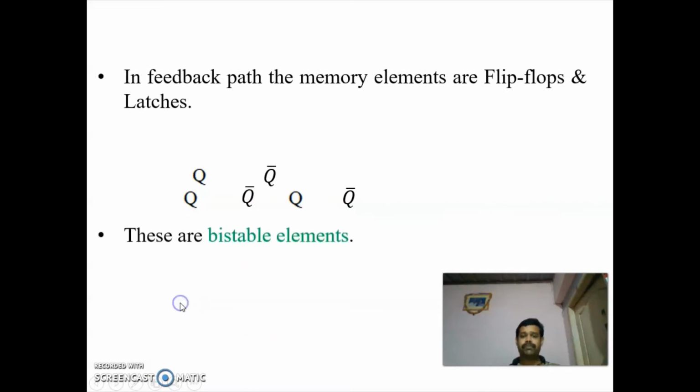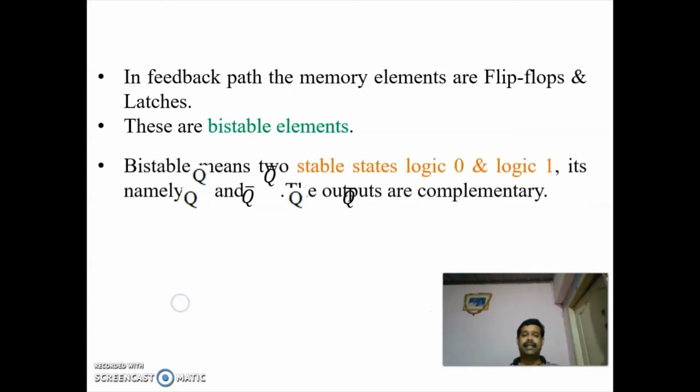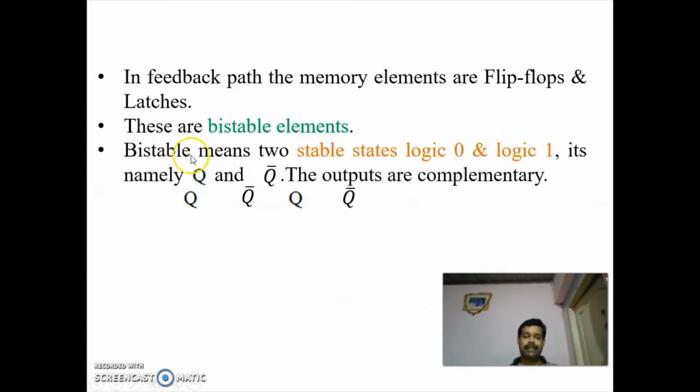Now, in the feedback path, the memory elements will be flip-flops and latches. These are called bistable elements. Bistable elements means they have two stable states, that is logic 0 and logic 1, and the outputs are named Q and Q bar.